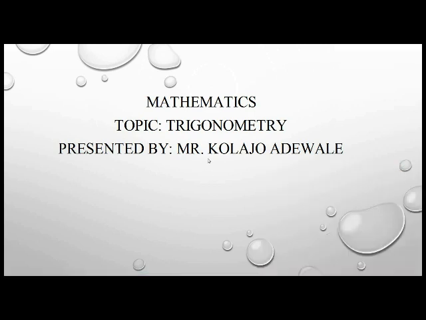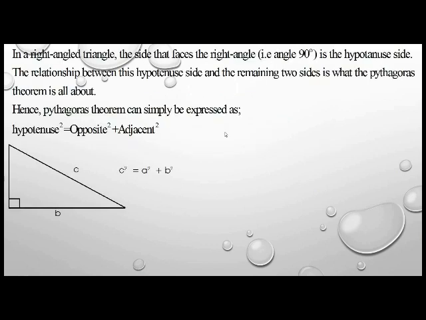So now, if we're talking about the Pythagoras theorem, in a right angle triangle, the side that faces the right angle, by right angle I mean the 90 degree angle, is what we call the hypotenuse. And the relationship between the hypotenuse and the remaining two sides is what the Pythagoras theorem is all about.